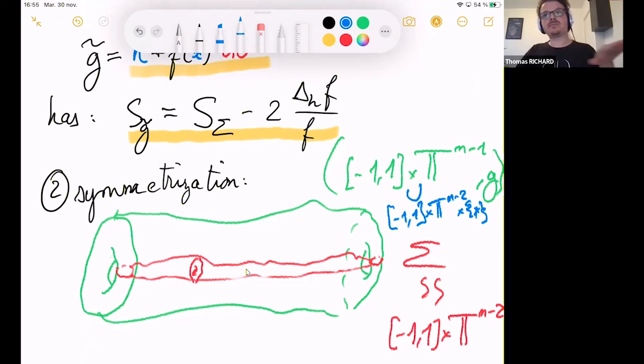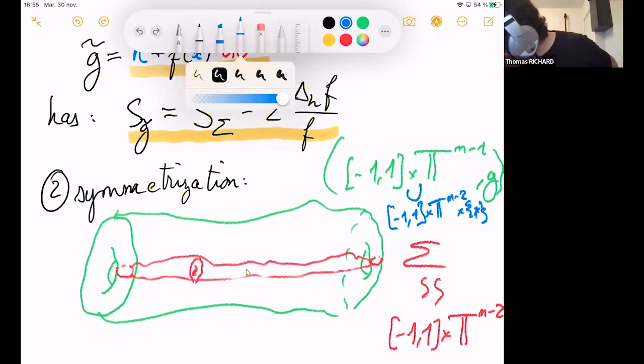Basically, I just look at the slice by one of the coordinates. I consider this as the last coordinate, I call that theta n minus 1, and I look at theta n minus 1 equals some constant, and all the rest is free to move. And so this gives me some hypersurface. This will be my sigma.